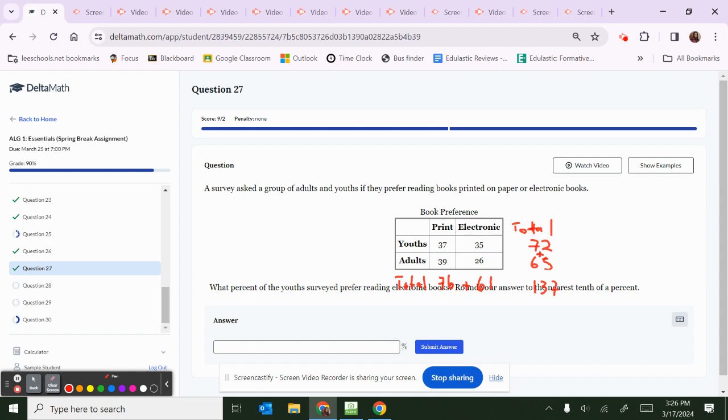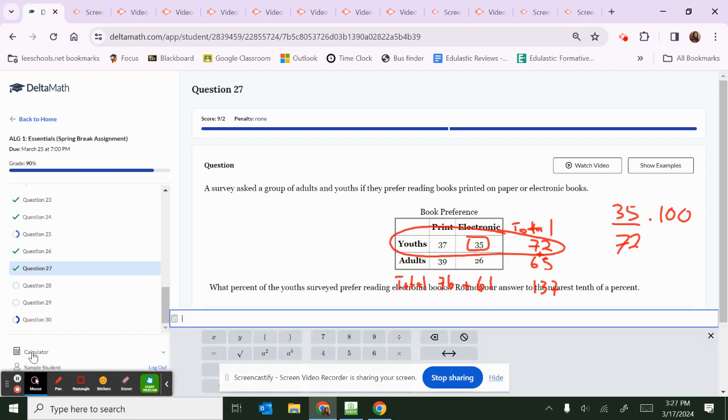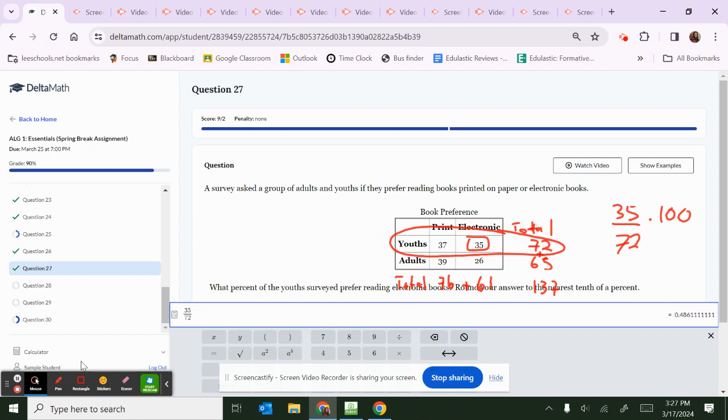So we're focusing on youths, who would prefer reading electronic books. So youths with electronic. So I need to do 35 over the total amount of youths times 100. So when I plug that in my calculator, I'll get my answer. So 35 over 72 multiplied by 100.